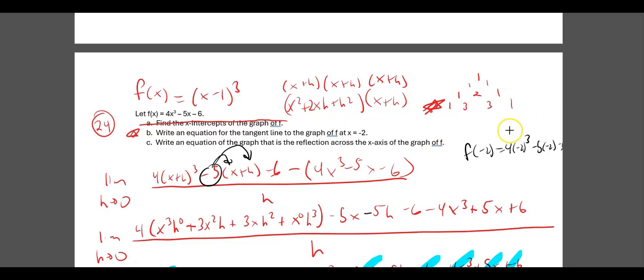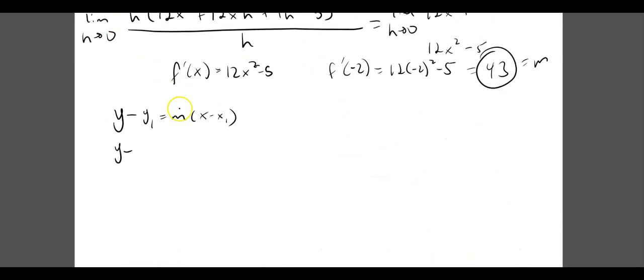Let's move that over. That's -32 plus 10 minus 6. That's -22 minus 6, so -28... so we'll come down for our equation of our normal line and go y plus 36 equals 43 times x plus 2, because that's a -2.